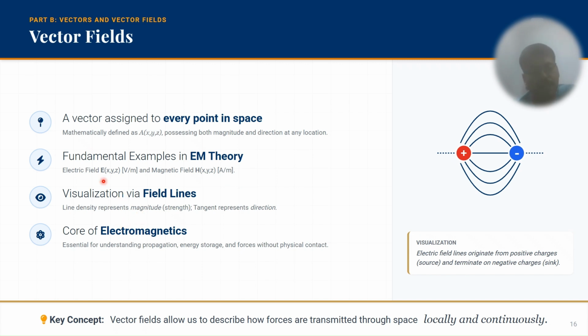Another thing is electric flux density and magnetic flux density, defined as D and B. Visualization of vector field lines is important so that we can understand how the vector operates, and this is the core of electromagnetics. If we understand the vector, then we can understand the electromagnetic field in a better way. The key concept is that vector fields allow us to describe how forces are transmitted through space locally and continuously.